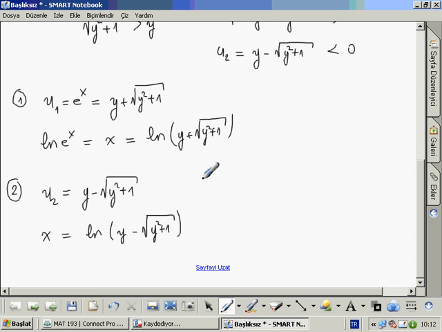For the second u, y minus the square root of y squared plus 1, x would equal ln of (y minus the square root of y squared plus 1), and this is less than 0, we know that, so this logarithm does not exist because it's less than 0.